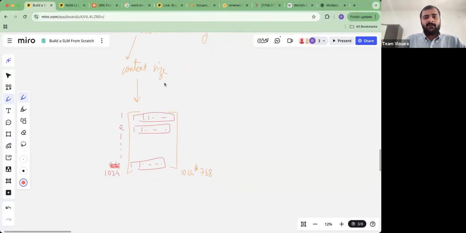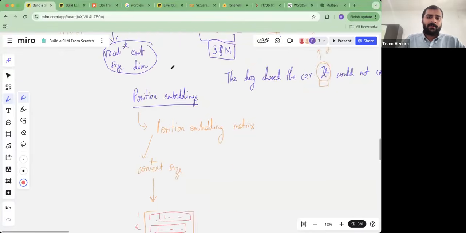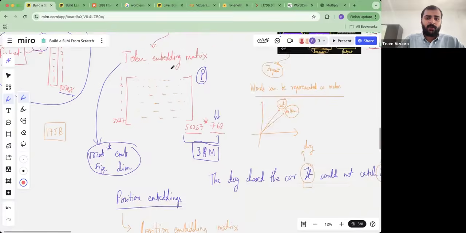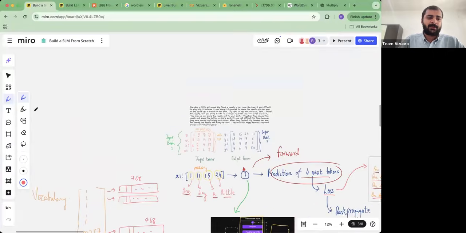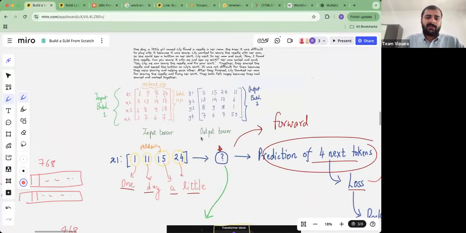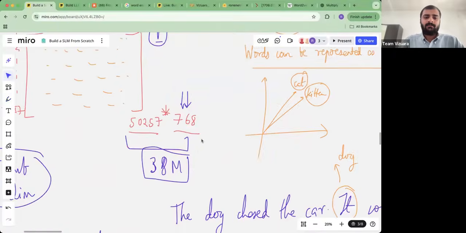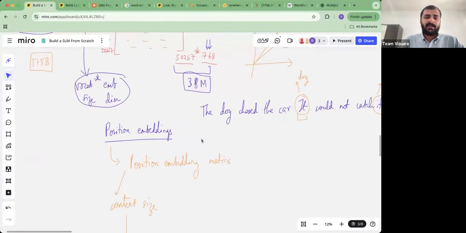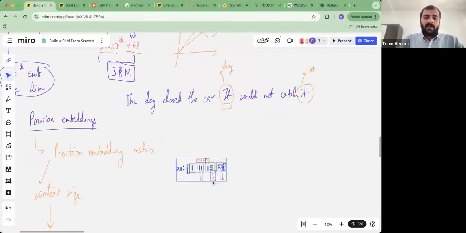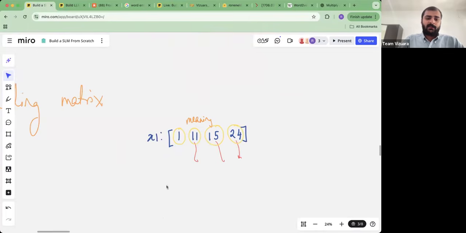Now, we have a token embedding matrix and we have a position embedding matrix. So let's see carefully how we can get the token embeddings and position embeddings. Let's say I have these token IDs, and I want to get the token embeddings and the position embeddings of these token IDs.